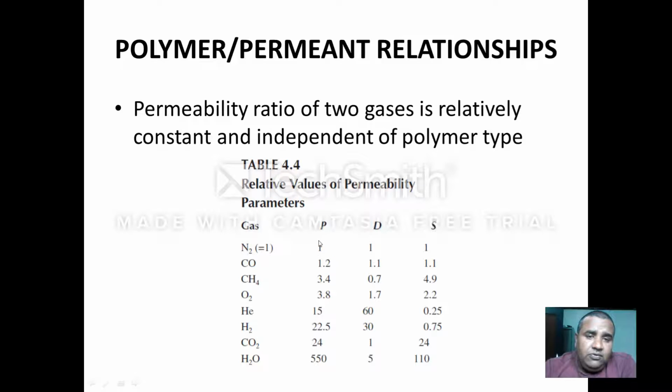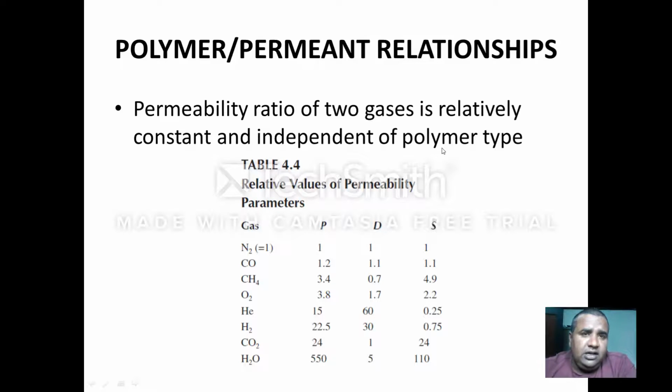If you know the nitrogen permeability of any polymer, then you can calculate the value for CO2 as well as oxygen, because oxygen is almost 4 times that of nitrogen, and carbon dioxide permeability is almost 24 times. So the permeability ratio of N2 and O2 will be 1 by 4, which is relatively constant, whether it is HDPE, LDPE or any other material, and it is independent of the polymer type.